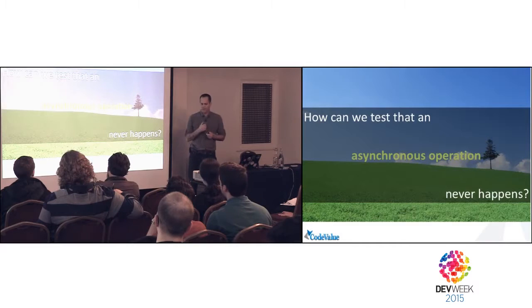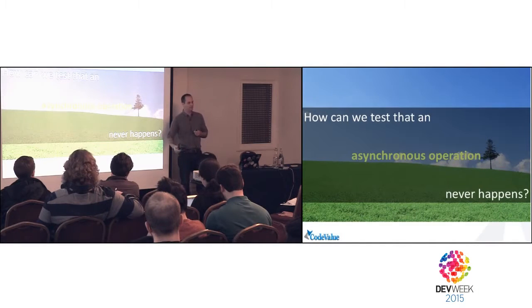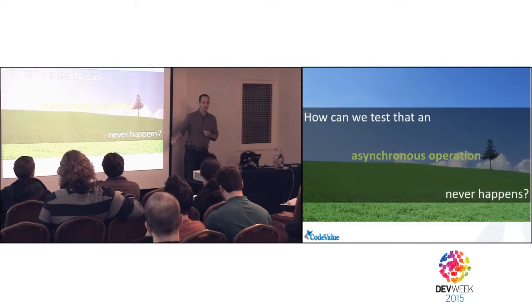I want to check that if I call someone and there's an error, then I don't send a message down the line. But it's asynchronous. How can I do that? How much time can I wait to determine that it never happened? Will I wait for a second, a minute, a day? I don't know. It's impossible to test that an asynchronous operation never happened.